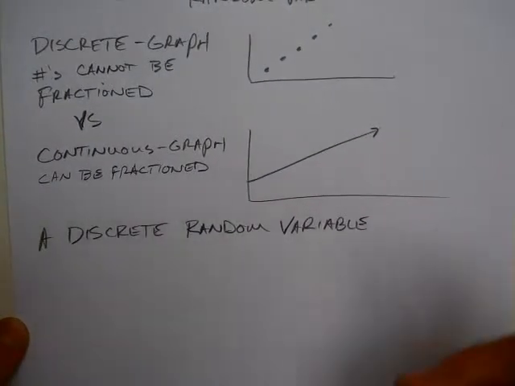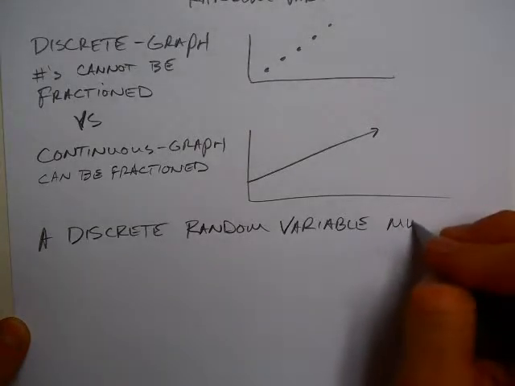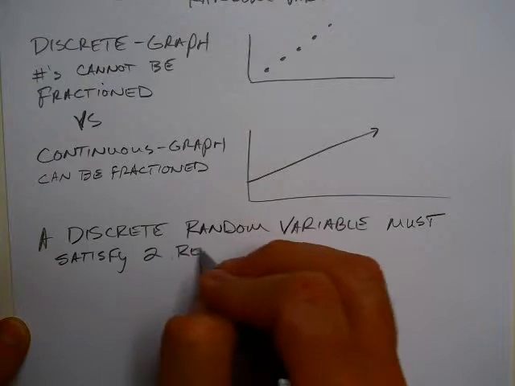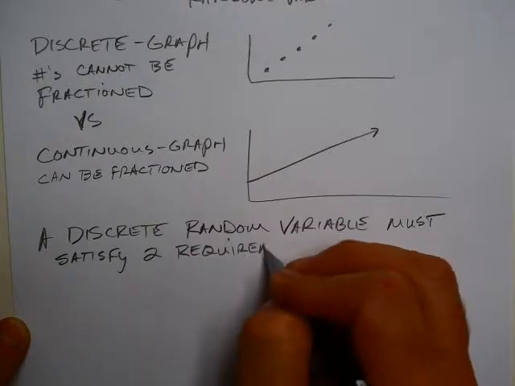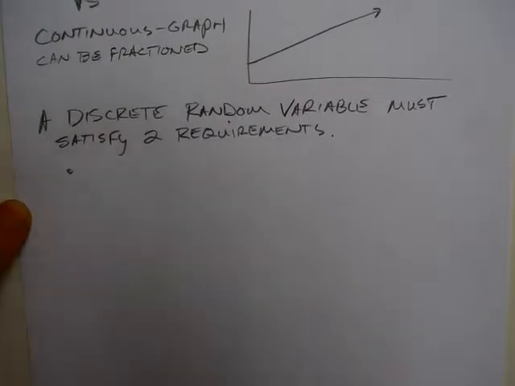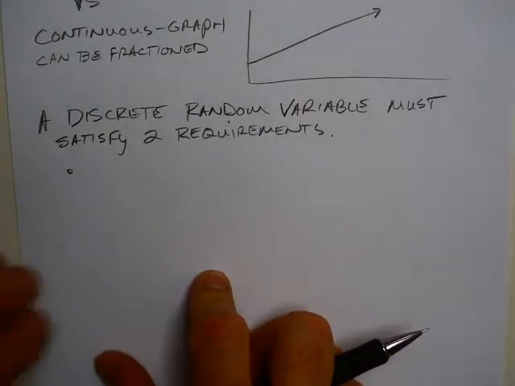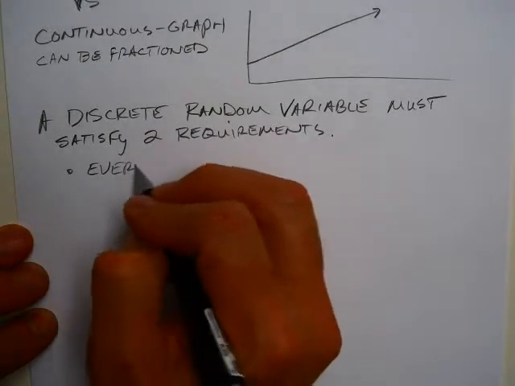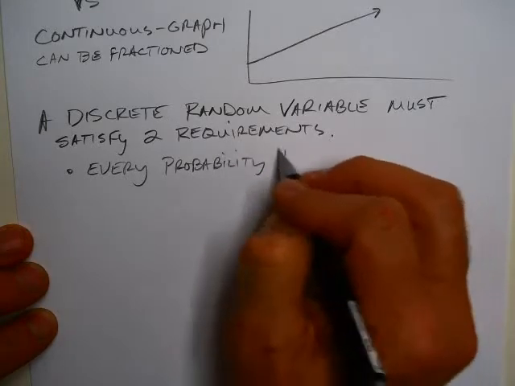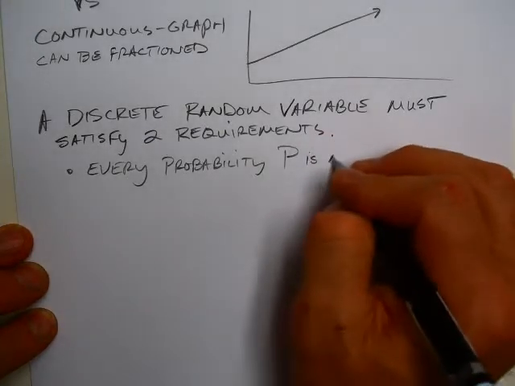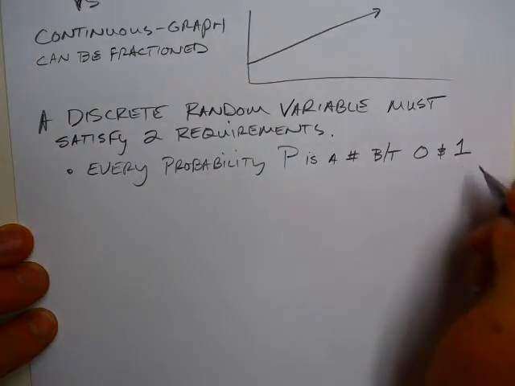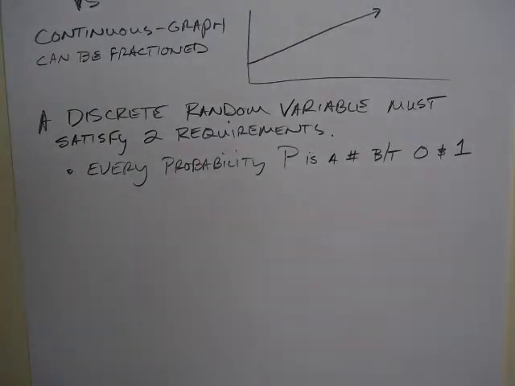A discrete random variable must satisfy 2 requirements. Requirement number 1 is every probability p is a number between 0 and 1.